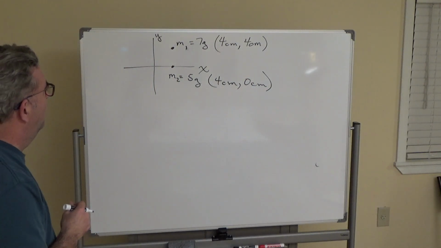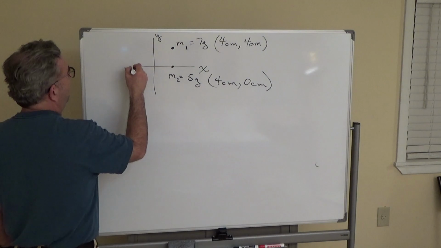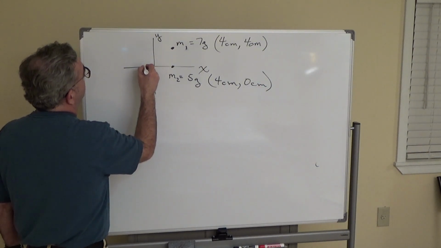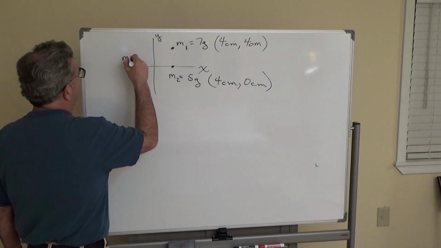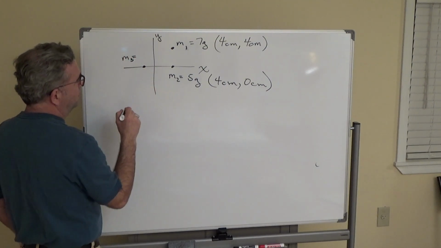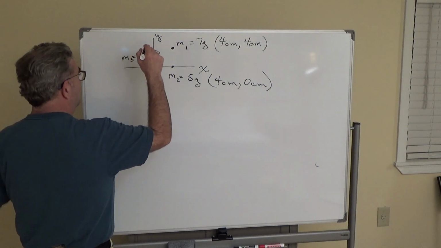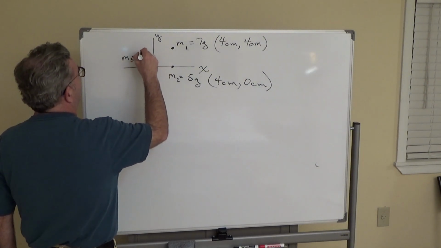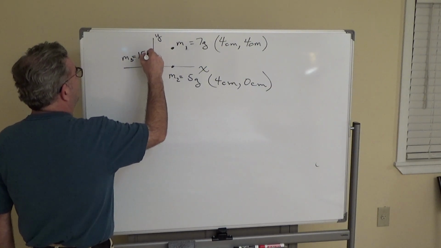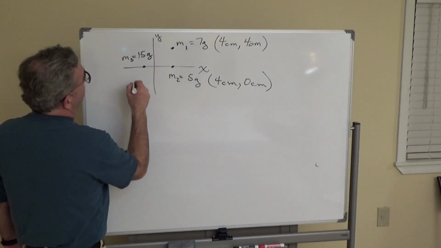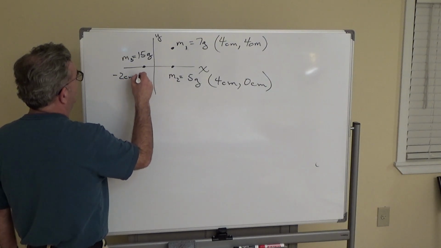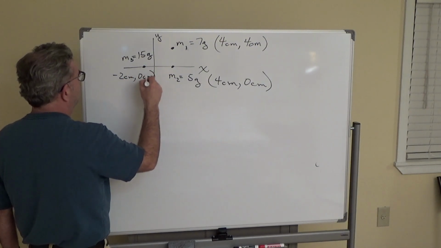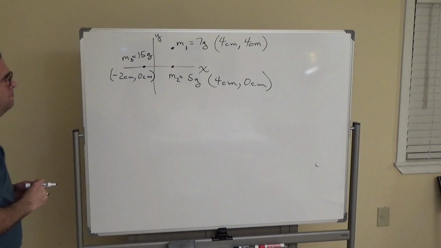And let's put one over here, maybe about right here. And this is M3, and it's equal to 15 grams. And it is at -2 centimeters, 0 centimeters.